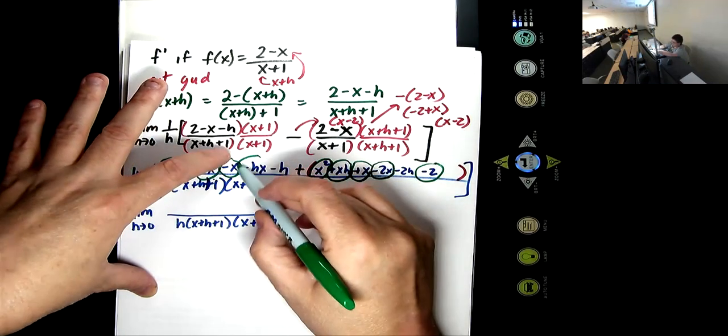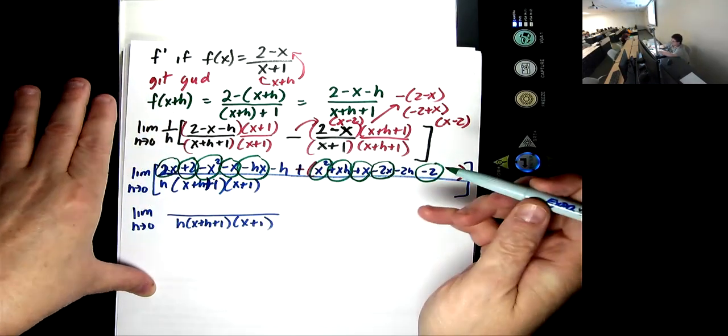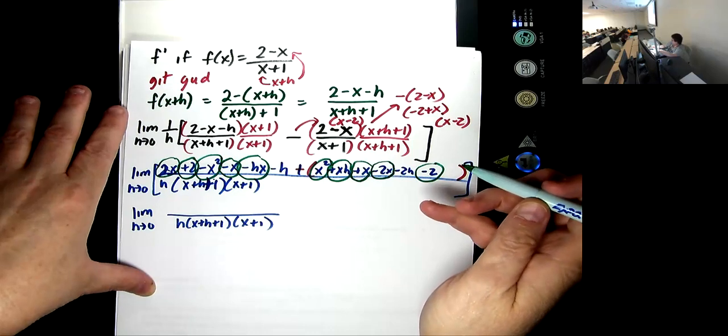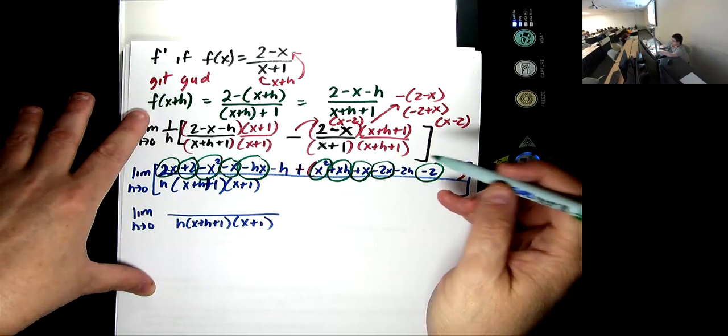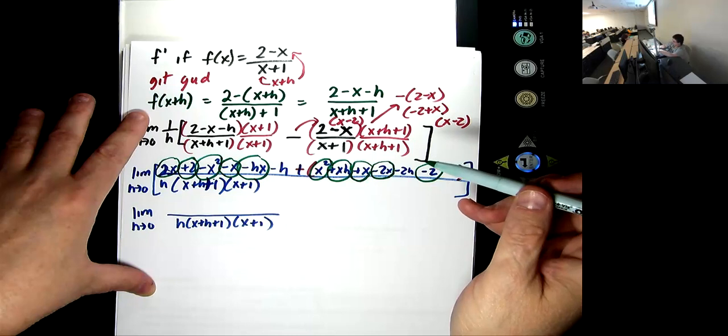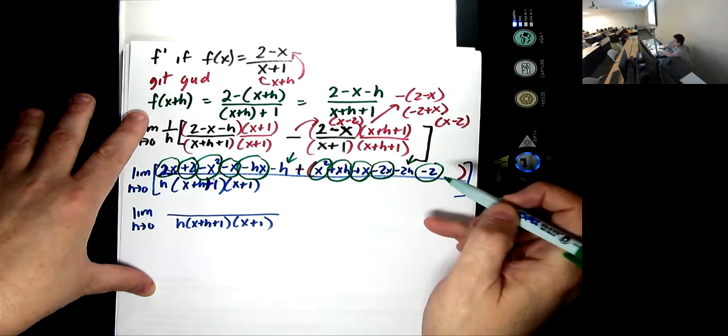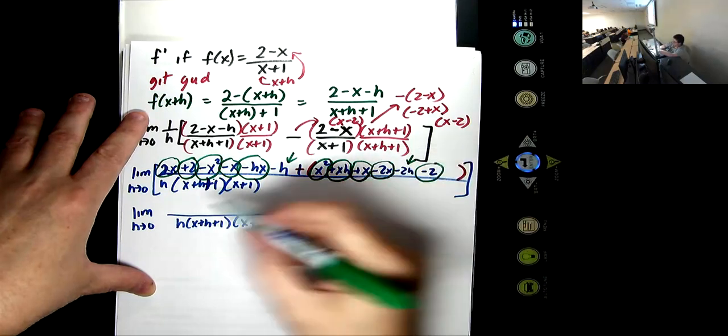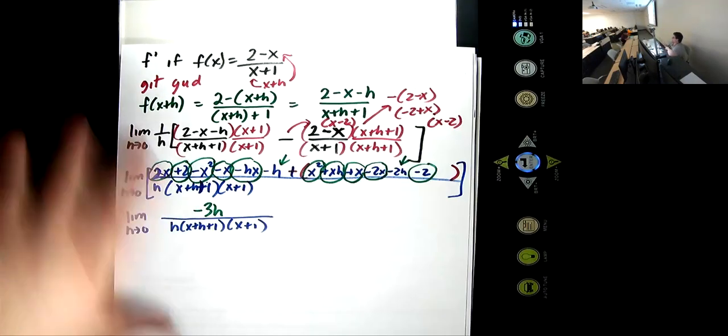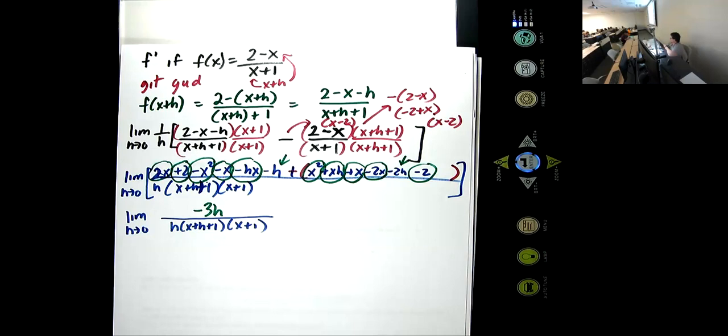Those will cancel. Wow, this really cleaned up a lot, right? All we've got left is that term and that term. And they don't cancel, they just get added together. That makes -3h. All of that cleaned up to go almost completely away.